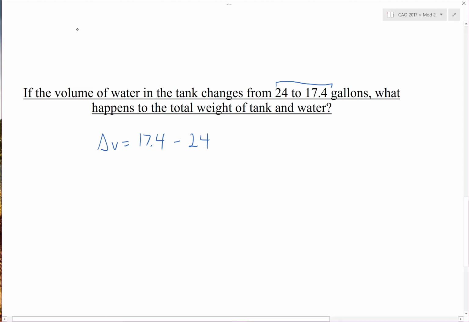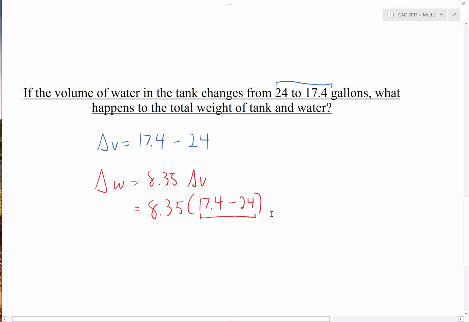And what we know is that the corresponding change in weight of tank and water is going to be 8.35 times as large. So that change in weight is going to be 8.35 times 17.4 minus 24. We'll notice that 17.4 minus 24 is going to have a negative value since the volume of water decreased.